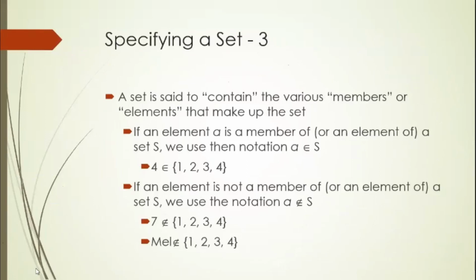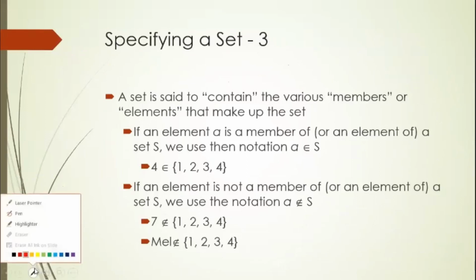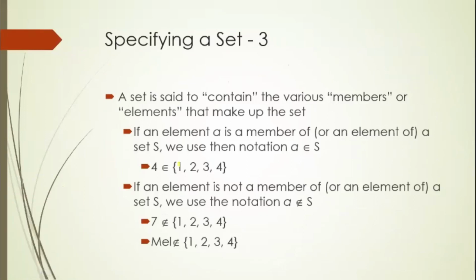A set is said to contain the various members or elements that make up the set. If an element a is a member of, or an element of, a given set S, we use the notation a is an element or a member of set S. Just for this example, 4 is a member of the collection of numbers that you see inside the curly brackets.